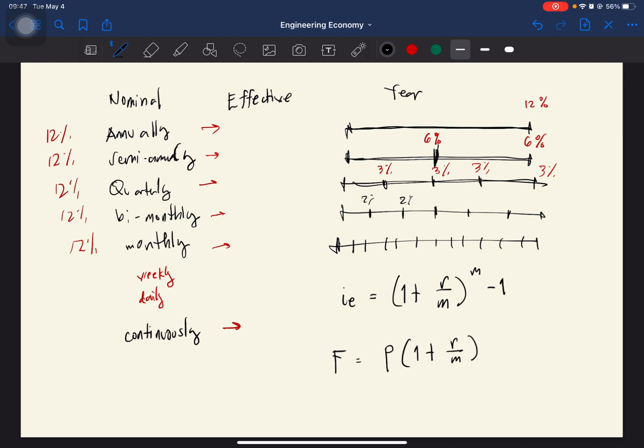If you are using this r, it's okay. If you use the alternative method I showed last time, that's also okay. It depends on how you view things.